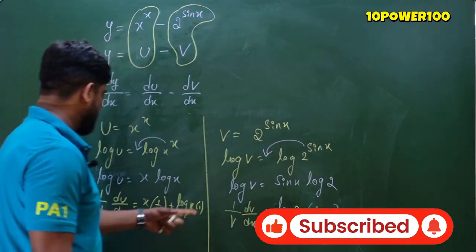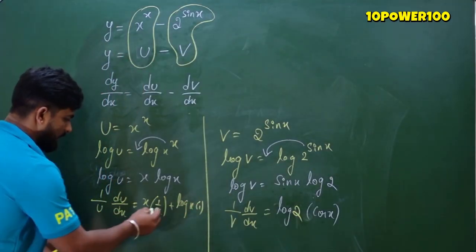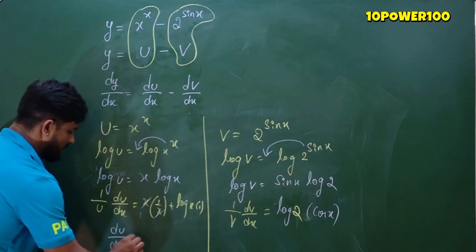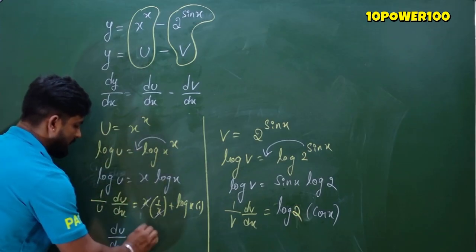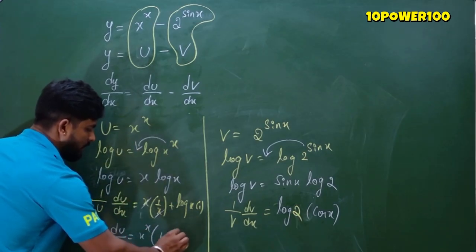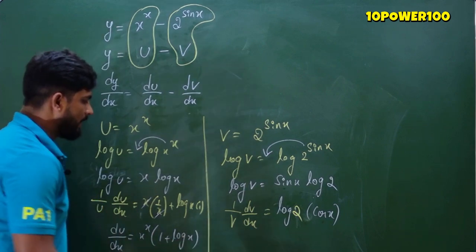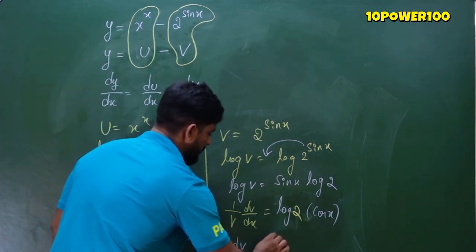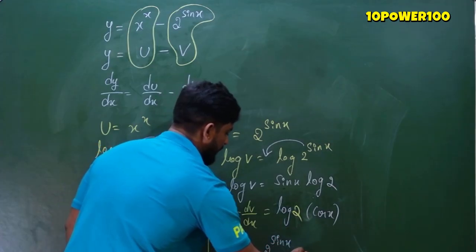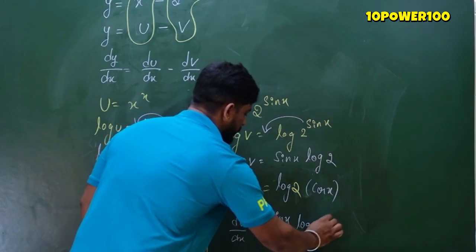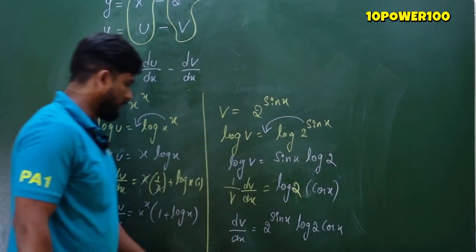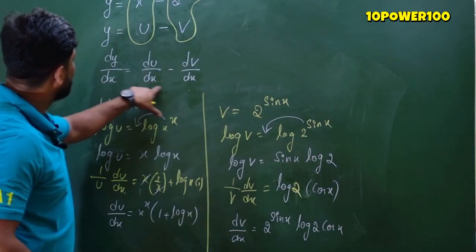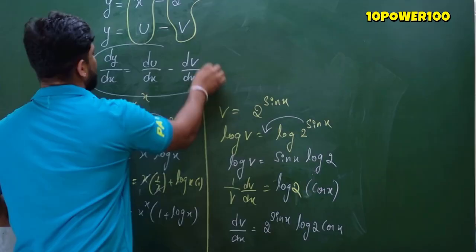So this is ready, and we can just solve further. We got du by dx is x to the power x of 1 plus log x, and dv by dx is 2 to the power sin x into log 2 cos x. So du by dx and dv by dx both we got. Now let's replace them in the equation that we got in the beginning.